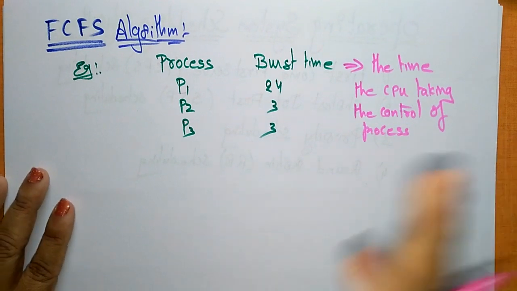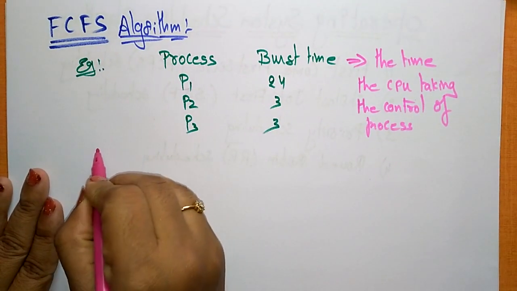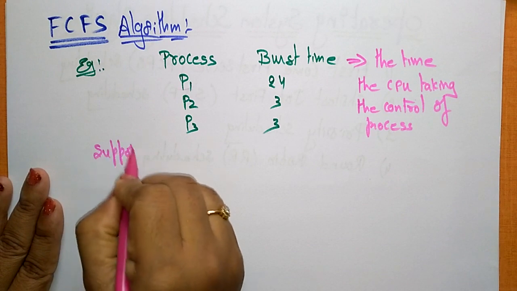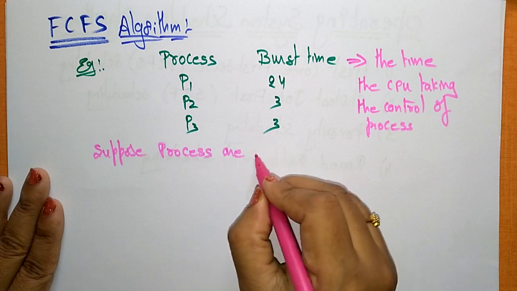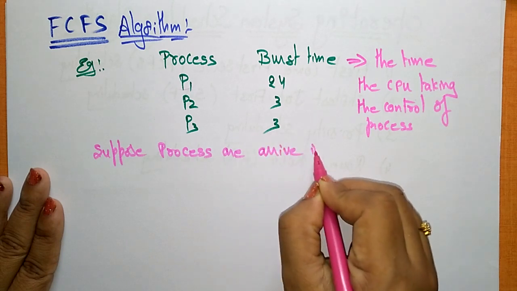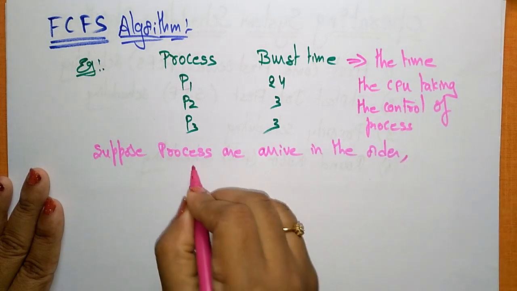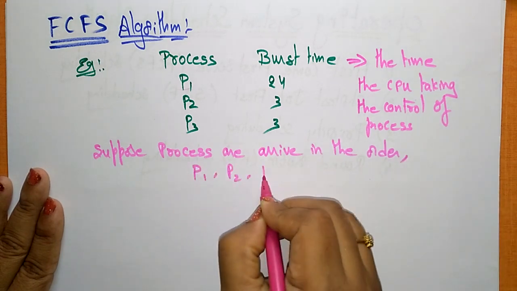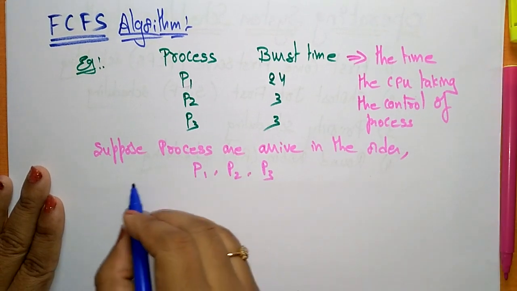Now let us suppose the processes arrive in the order P1, P2, P3. First P1 came, next P2, next P3. So how is it going to be occupied?